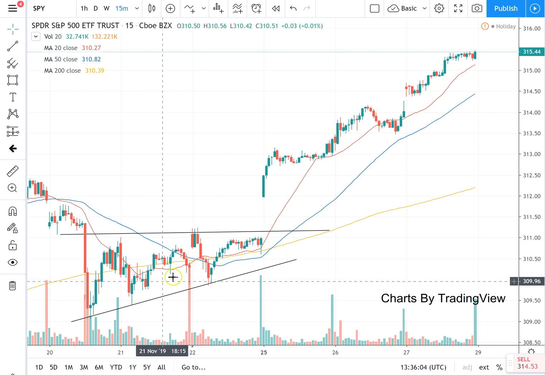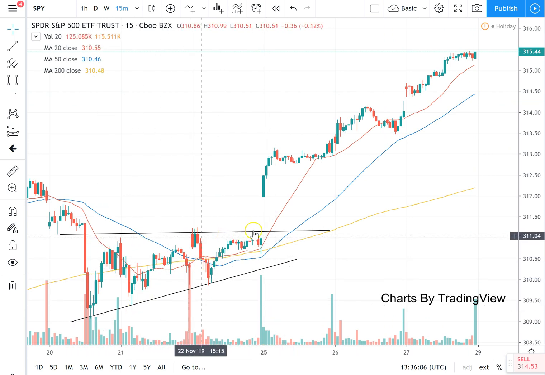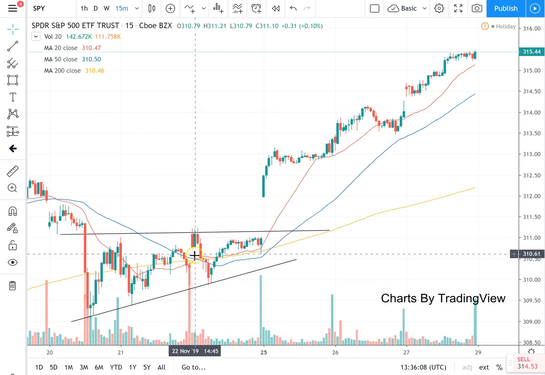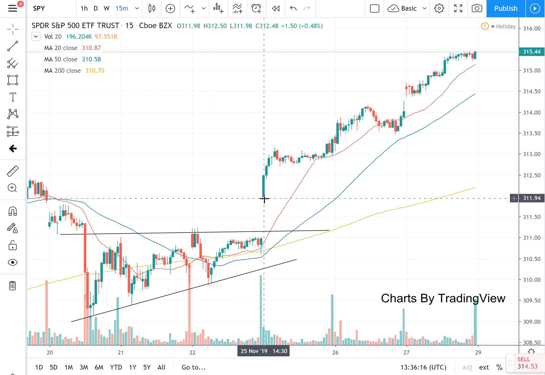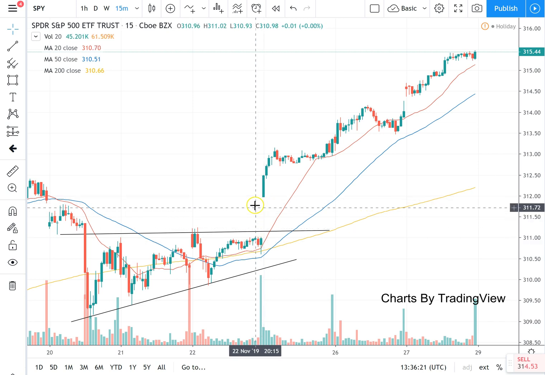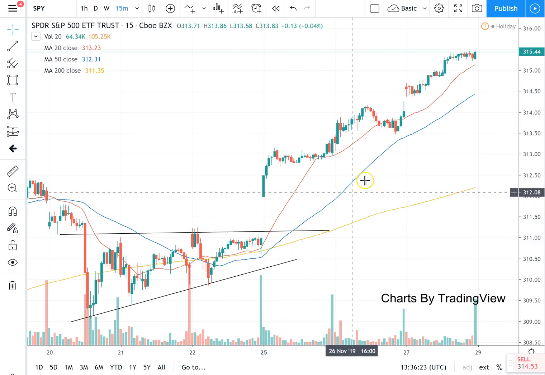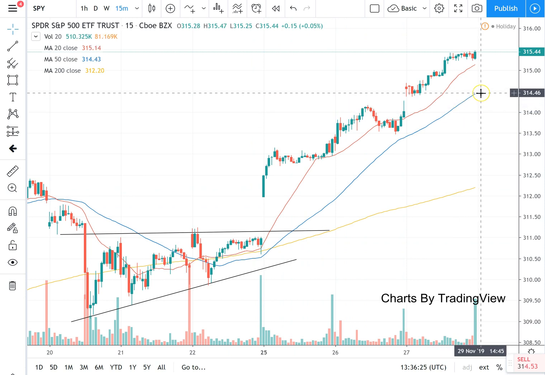You see, once it broke out of this ascending triangle, there's a bullish cross here where the 15-minute 20 MA crossed above the 15-minute 50 MA, and then it broke out of an ascending triangle. Most of the time, actually all of the time, it stayed above the 15-minute 50 MA, and right now I like to just use it as a trend following tool.